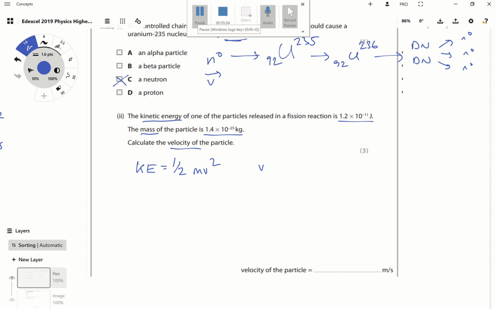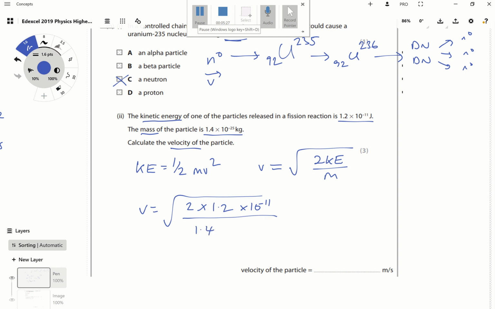Okay, here we go. So v equals the square root of 2KE over m. v equals the square root of 2 times 1.2 times 10 to the minus 11 divided by the mass, which is 1.4 times 10 to the minus 25.